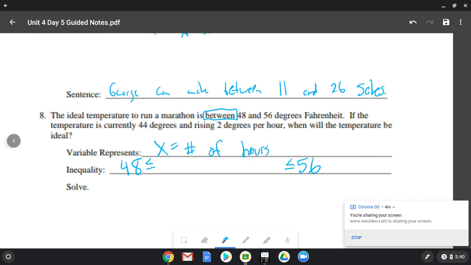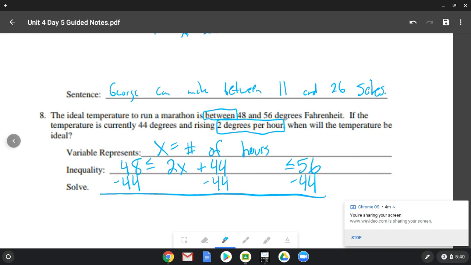So if we were to take a look at this 2 degrees per hour, we know that that means multiplication, so it'll be 2x. And then it's currently 44, so we're going to add 44. And now we would simplify this by subtracting all three sides of this compound inequality. And we get 4 is less than or equal to 2x, which is less than or equal to 12. Divide by 2.